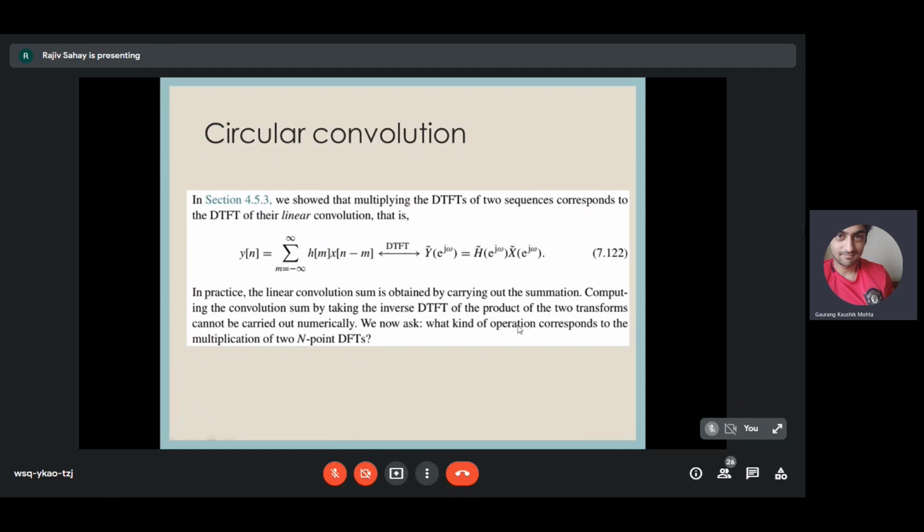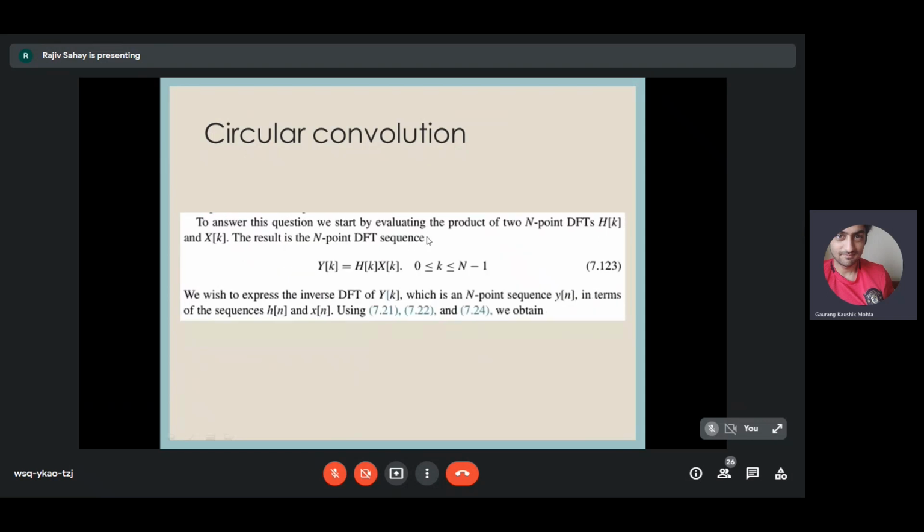So the question that we are asking is, what kind of operation in the time domain corresponds to the multiplication of two N-point DFTs? If Y[k] is equal to H[k] into X[k], then what is y of n? That is the question that we are asking.